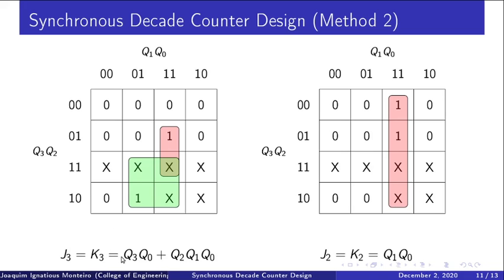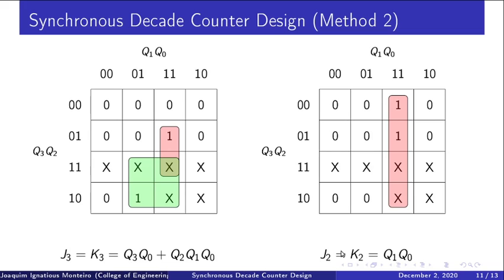So that is Q3 Q0 or Q2 Q1 Q0. That is J3 K3, and J2 K2 is, you see this is K. The Q3 output itself is fed back. The output of this flip-flop itself is coming back to the input expression. That's the strange thing.